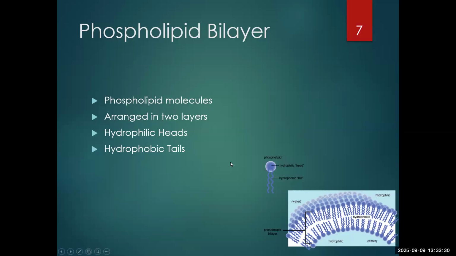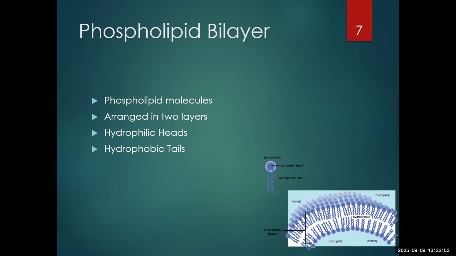So this has a specific term. The heads of the phospholipid molecules are called hydrophilic. And the tails are hydrophobic. So phobic means fearing or hating, right?